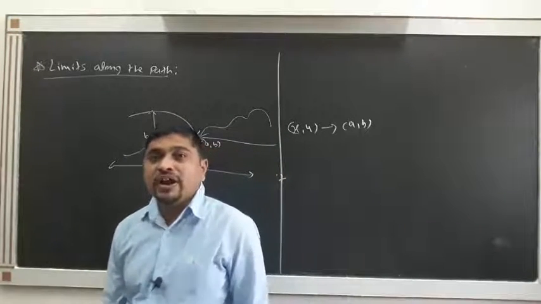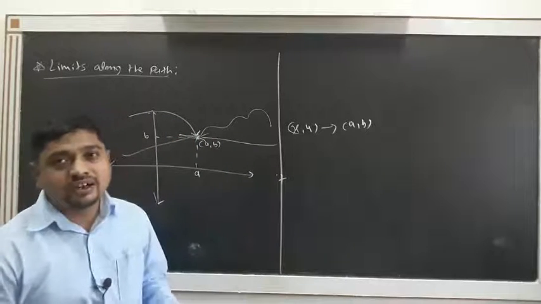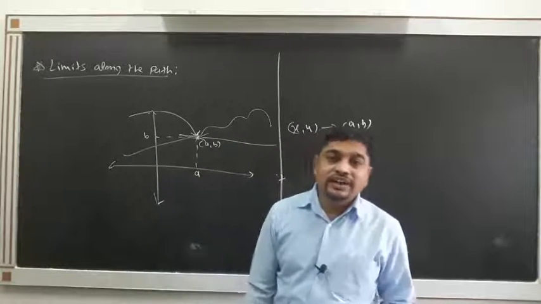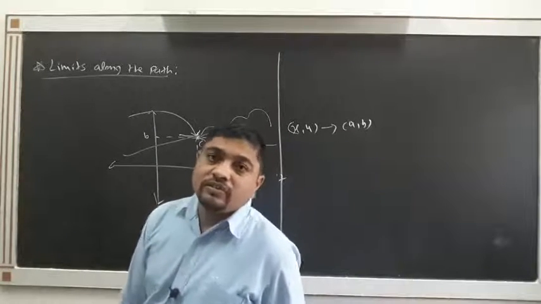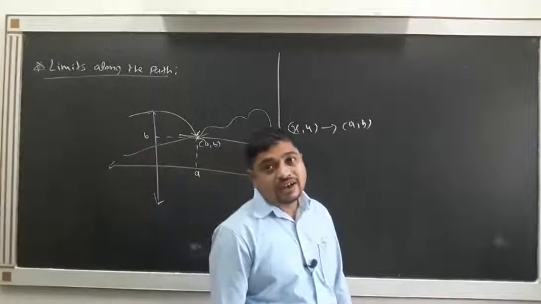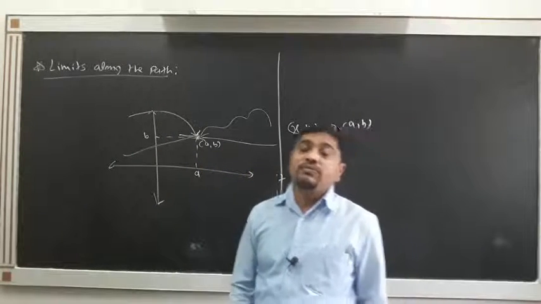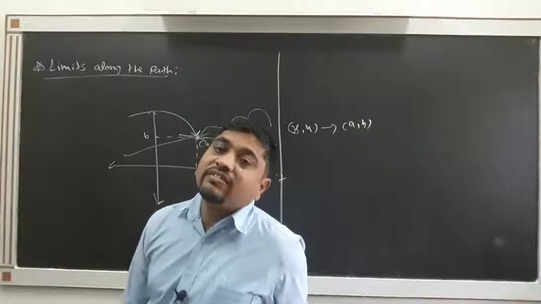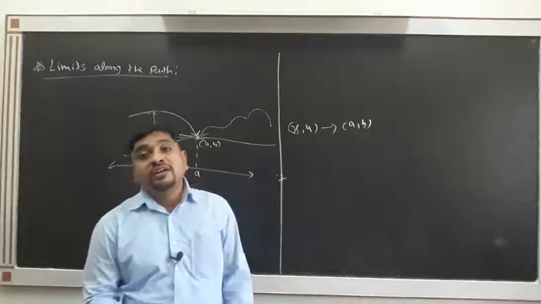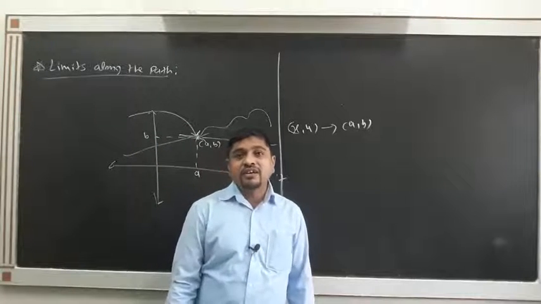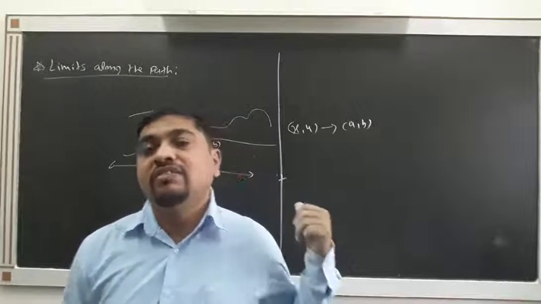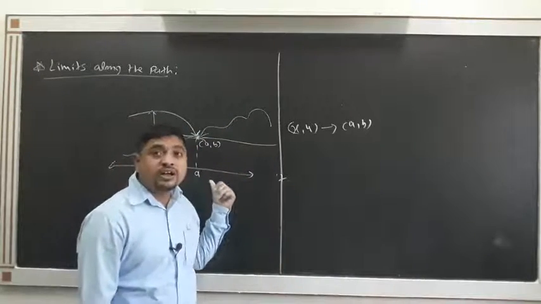For every epsilon greater than 0, there exists a delta greater than 0 such that in the deleted neighborhood, 0 less than the square root of (x minus a) squared plus (y minus b) squared is less than delta, then mod of f of x, y minus L is less than epsilon. This definition talks only about the distance, not about the direction.